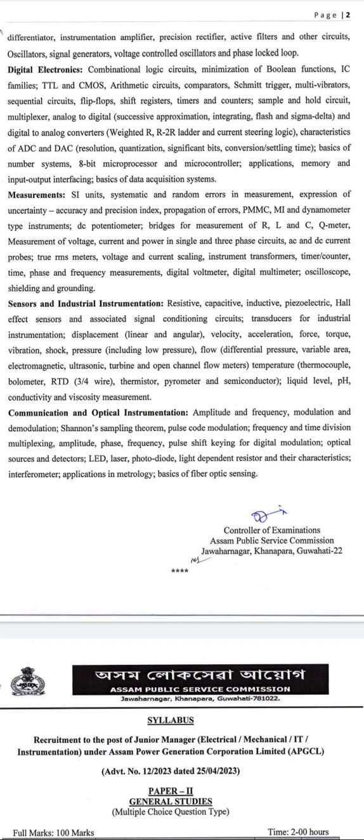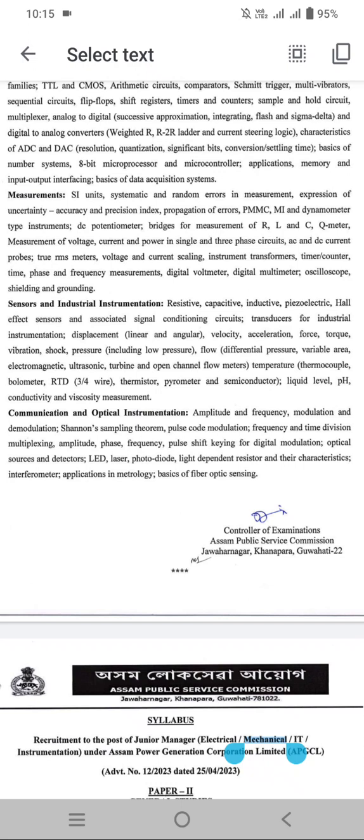Transducers for industrial instrumentation: displacement, linear and angular, velocity, acceleration, force, torque, vibration, shock, pressure including low pressure, flow, differential pressure, variable area, electromagnetic, ultrasonic, turbine and open channel flow meters, temperature, thermocouple, bolometer, RTD, 3/4 wire, thermistor, pyrometer, and semiconductor, liquid level, pH, conductivity, and viscosity measurement.